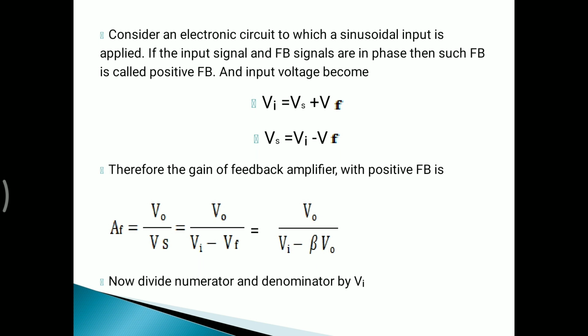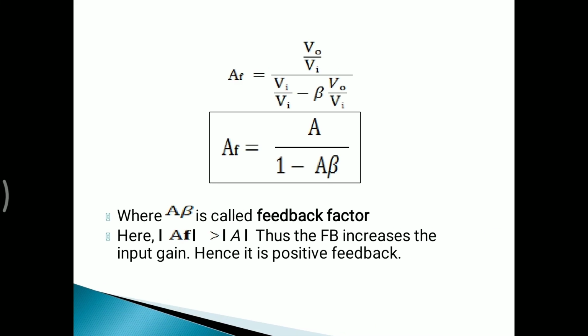Now divide numerator and denominator by Vi. Then AF equals V0 by Vi, output voltage divided by input voltage, which is the gain A, divided by Vi by Vi, which becomes 1, minus beta V0 by Vi, which becomes beta into the gain again. So AF equals A divided by 1 minus A beta.